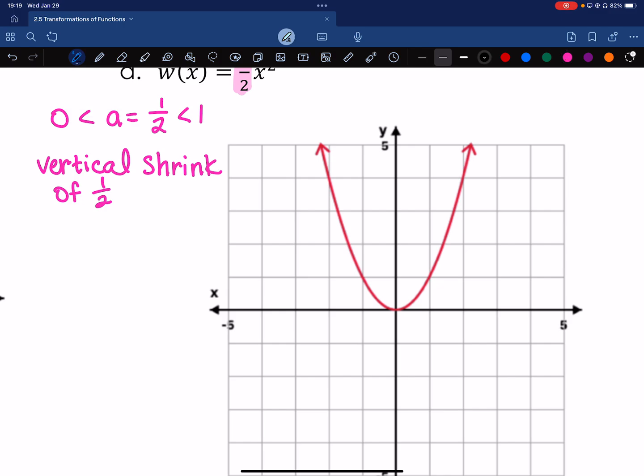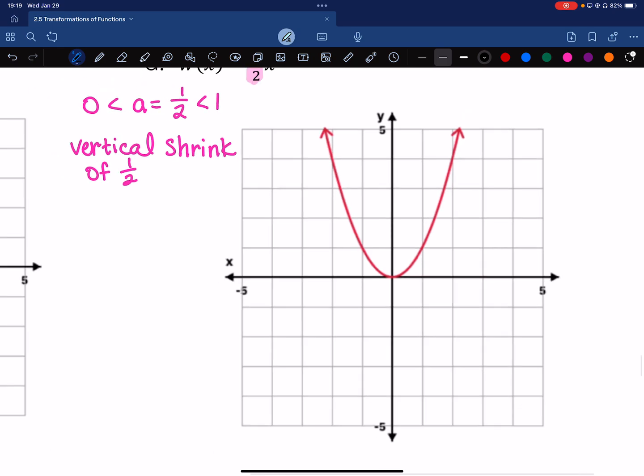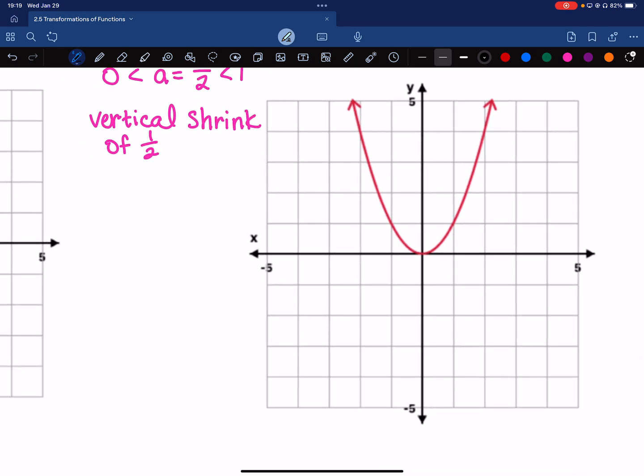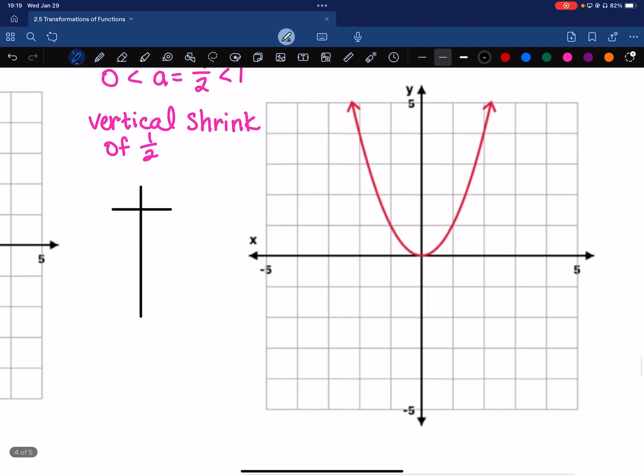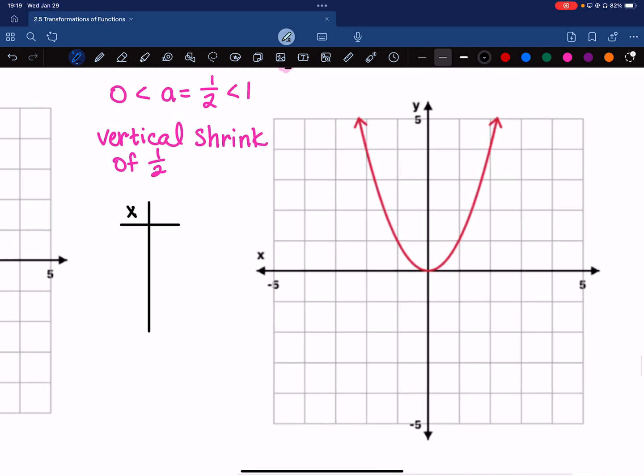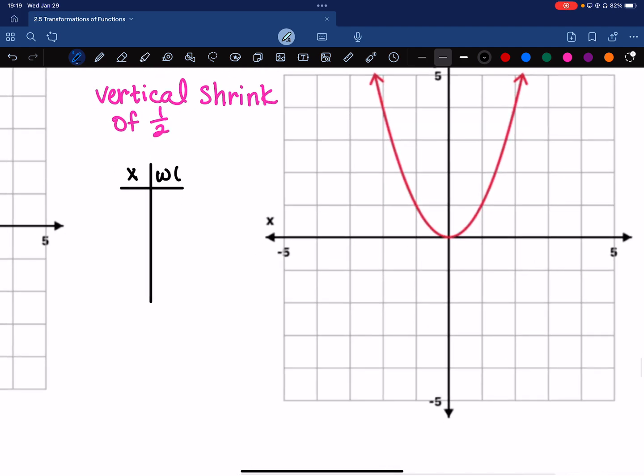So if I have some points, I'll do them on the table and then I'll write some points. If you use the table, this is w of x. I would always start with (0, 0), because that's a nice pretty point. But if you pick 1 or -1, you're going to get fractions, so maybe you don't want to deal with those.